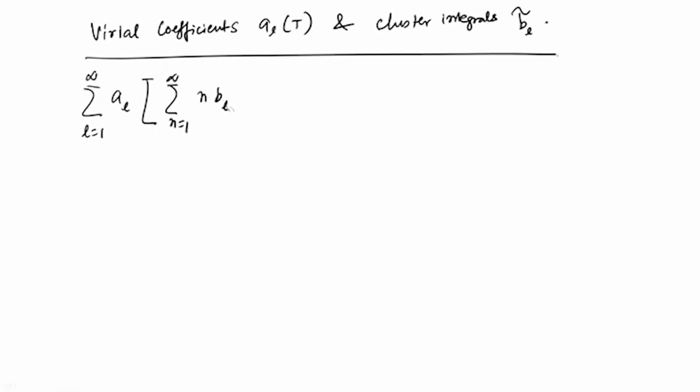We are using this dummy index n here because we can't use l for both. That would mean that we are using the same index for both the cluster integrals and the virial coefficient. So, whole to the power n and this whole to the power l minus 1, this is equal to the sum over l equal to 1 to infinity.